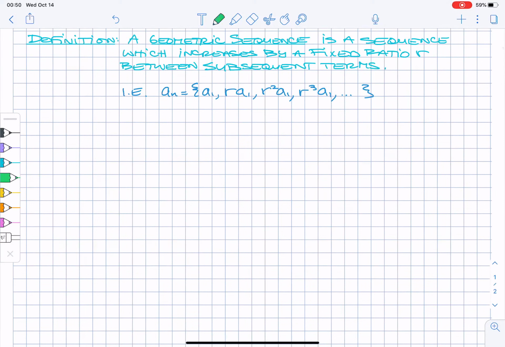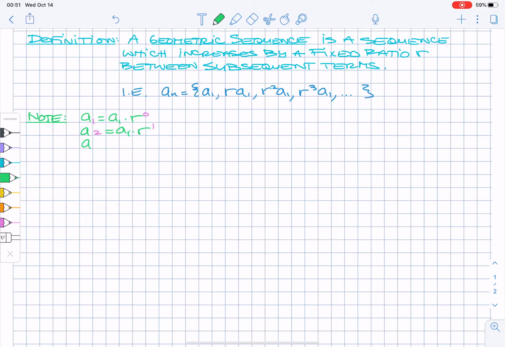Okay, so let's note we have that a1 is really a1 times r to the 0. We have that a sub 2 can be thought of as a1 times r to the first.